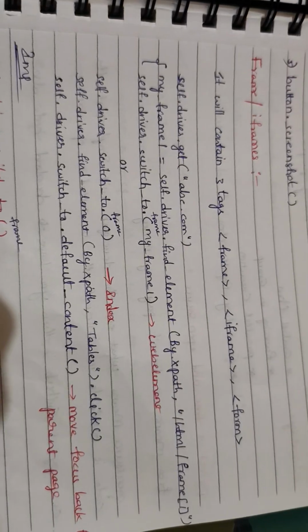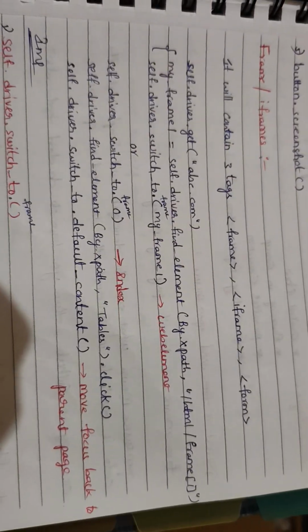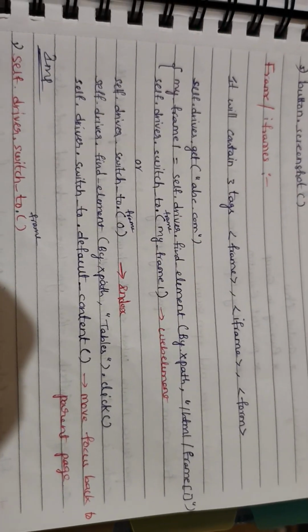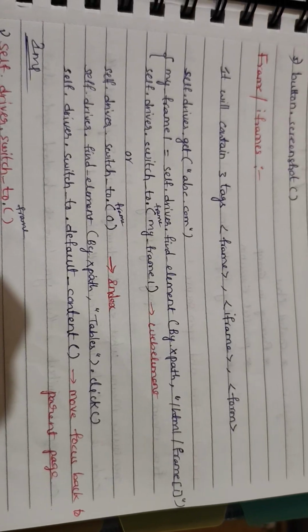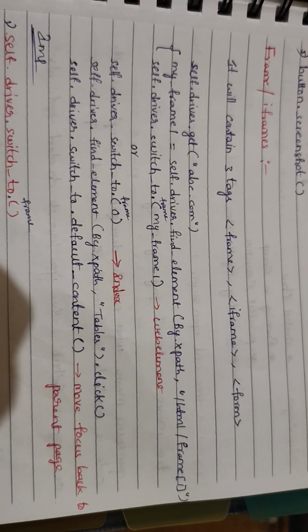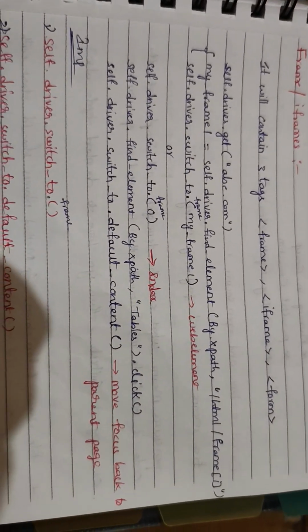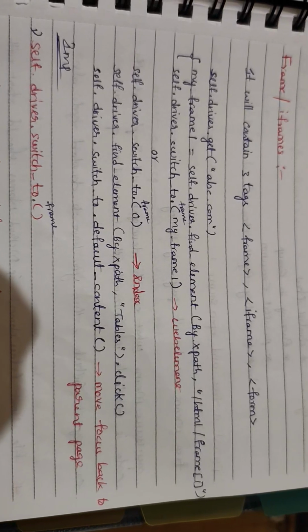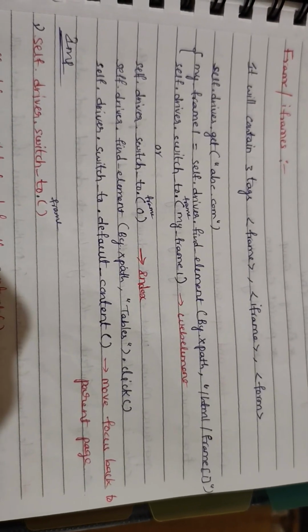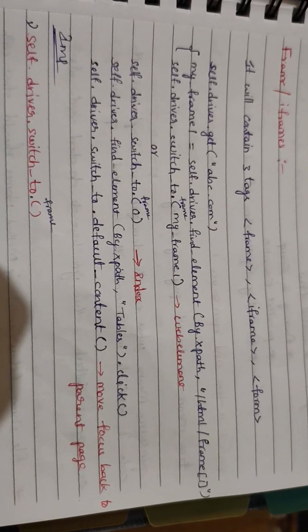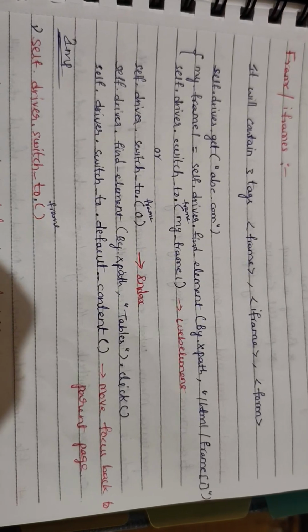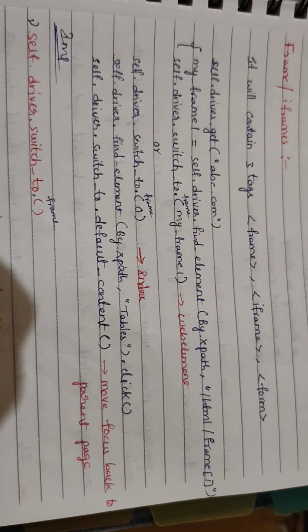Okay, so next, frame or iframes. Frame or iframe means it will contain a total of 3 tags: frame, iframe, form. First, this is the application, then self.driver.find_element by that XPath. First we have to switch the driver focus from the main page to that particular frame.